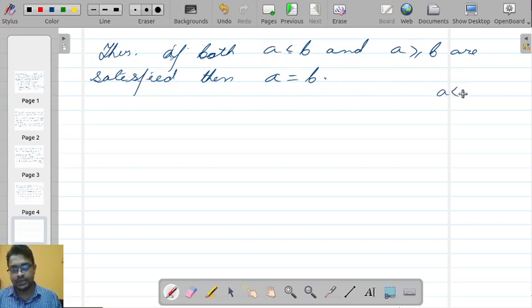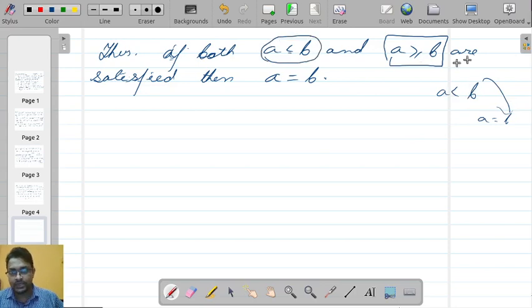If A is strictly less than B, then for A greater than or equal to B to be true, it should satisfy A equal to B. But in that case it is again violating the law of trichotomy. So that is why if A is less than or equal to B as well as A is greater than or equal to B, then we can always write A is equal to B.